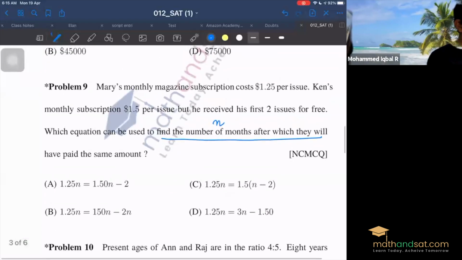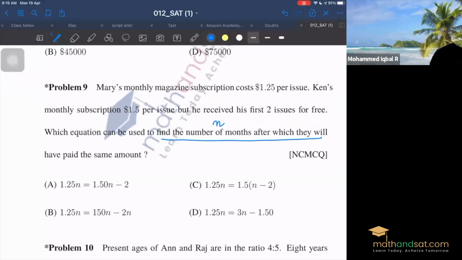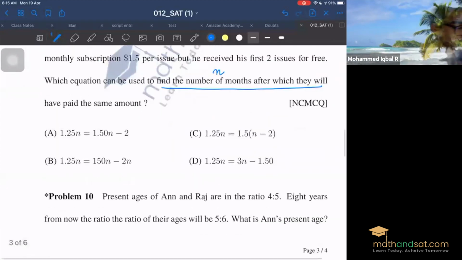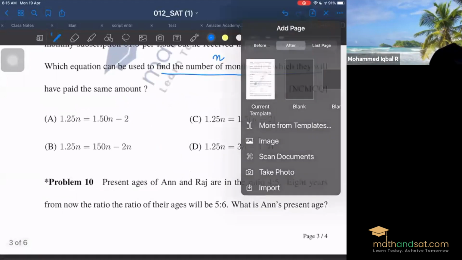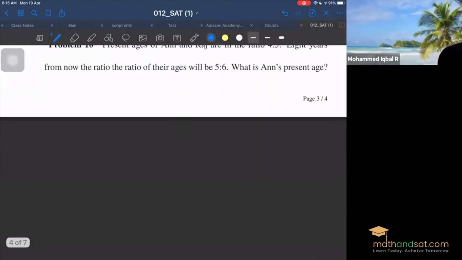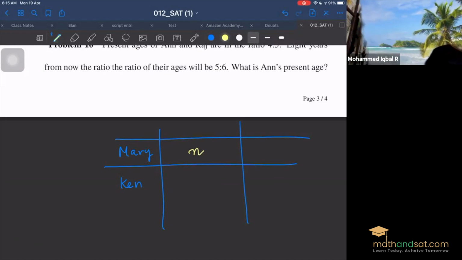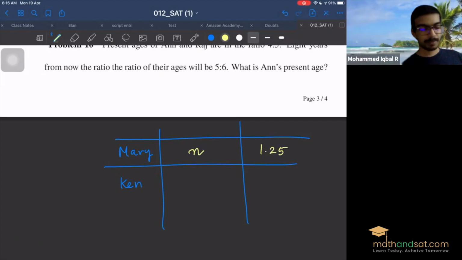Now listen carefully. Mary actually paid for n months, but Ken paid only for n minus 2 months. Mary paid for n months and she paid $1.25 per month.